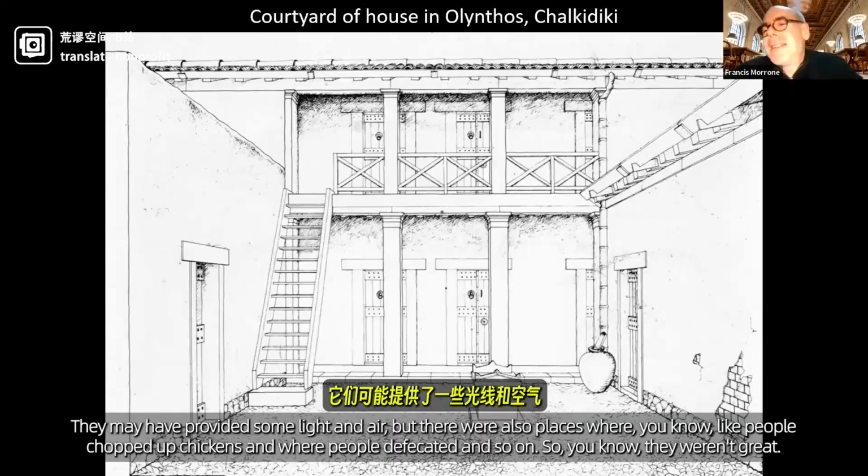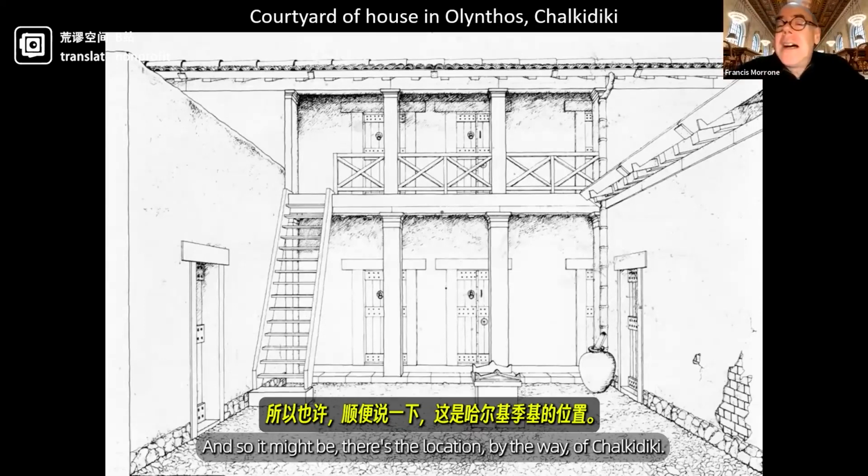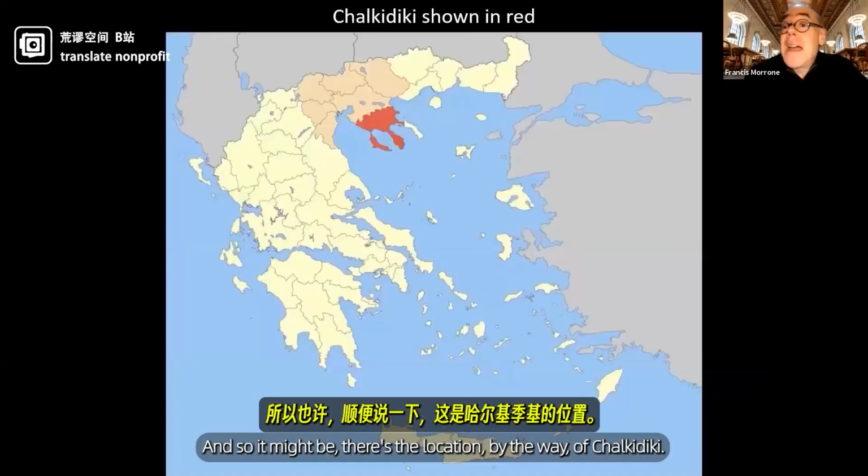They may have provided some light and air, but they were also places where people chopped up chickens and where people defecated and so on. So, they weren't great. There's the location, by the way, of Chalkidiki.